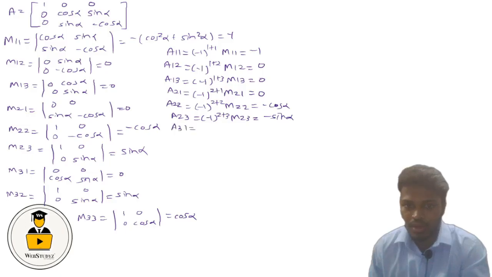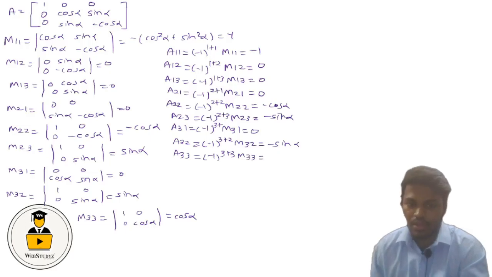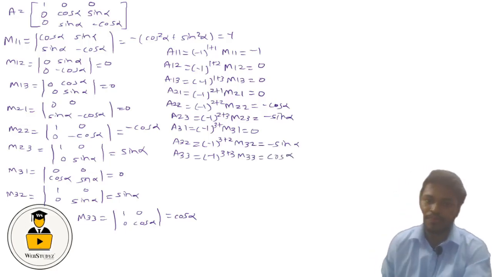Now A31 is minus 1 raised to 3 plus 1 into M31. M31 is 0, so this will be 0. A32 is minus 1 raised to 3 plus 2 into M32. M32 is sine alpha, minus of that is minus sine alpha. A33 will be minus 1 raised to 3 plus 3 into M33. Now M33 is cos alpha, 1 into cos alpha is cos alpha.